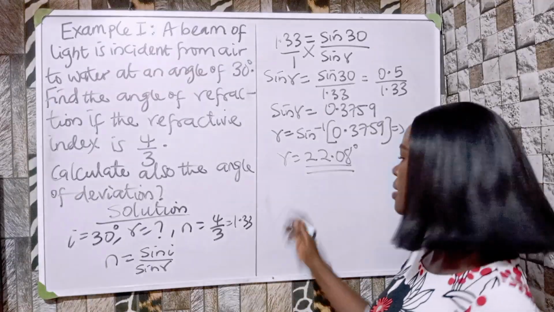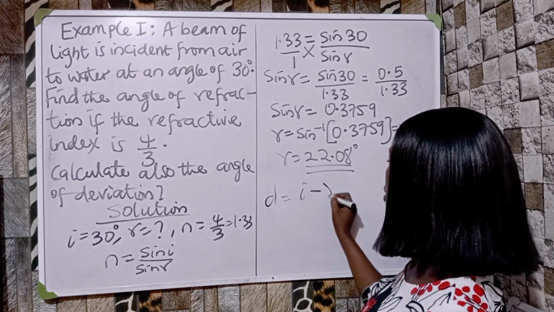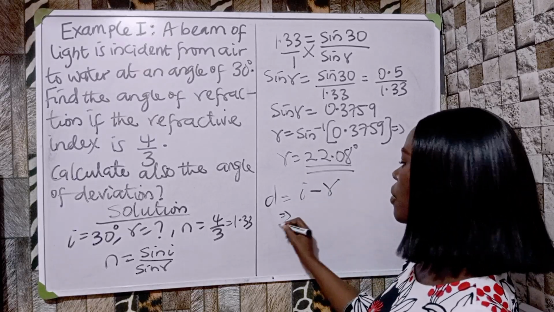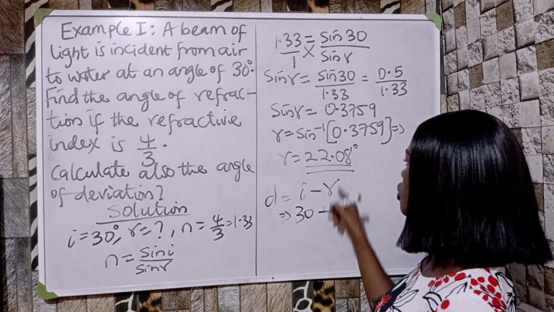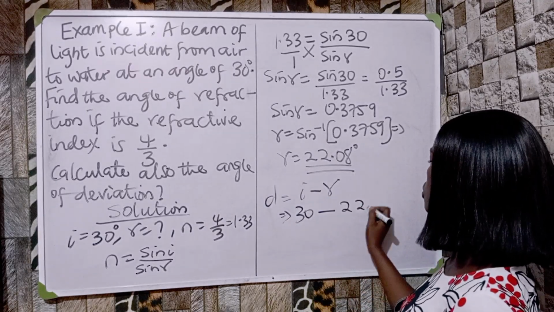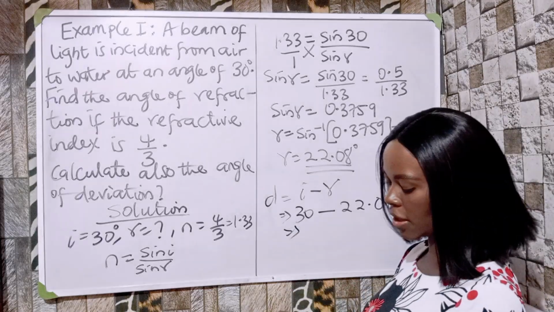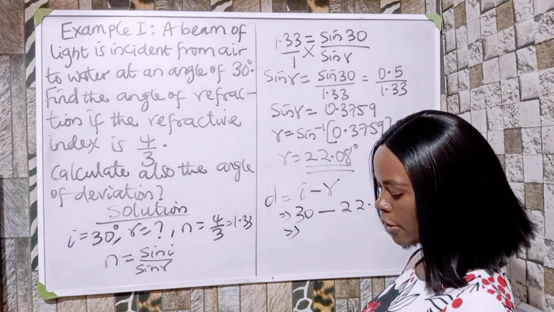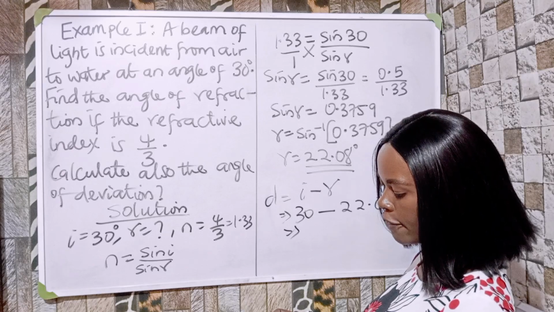And the deviation D is equal to I minus R. My I was given as 30. I will now subtract 22.08 from it. 30 minus 22.08, what do I have?